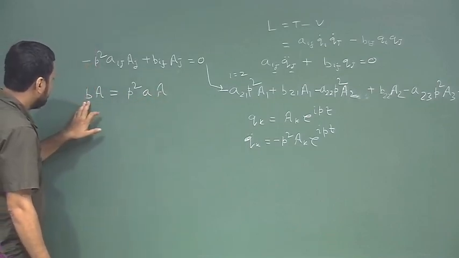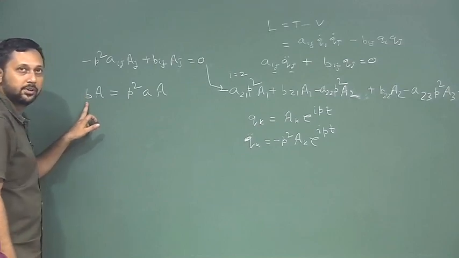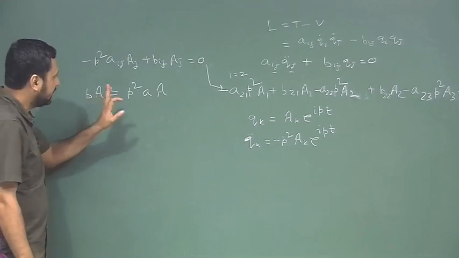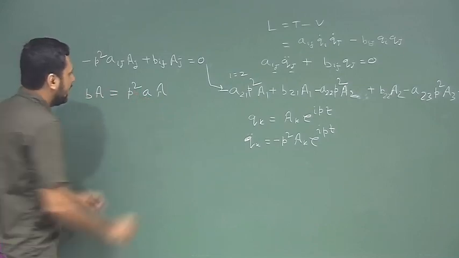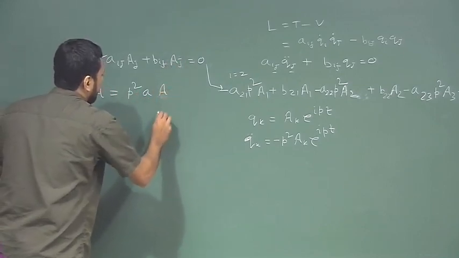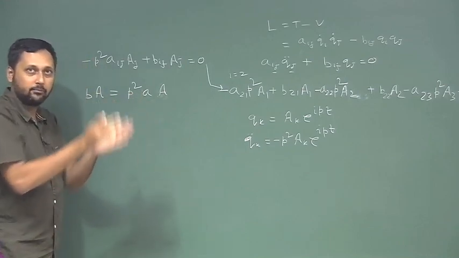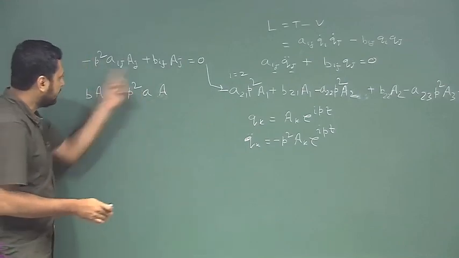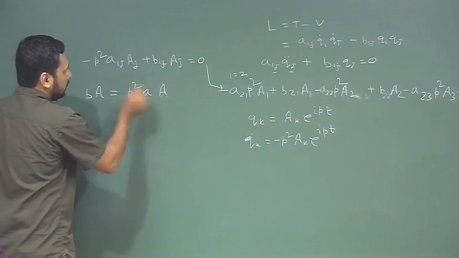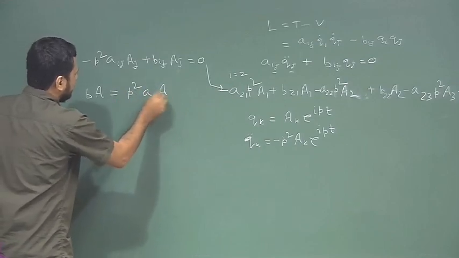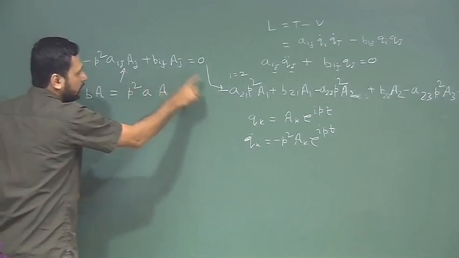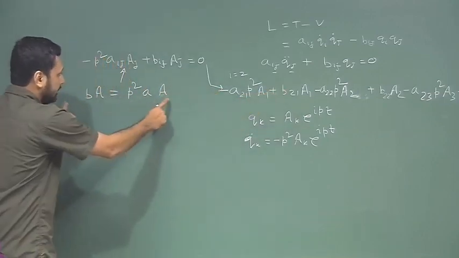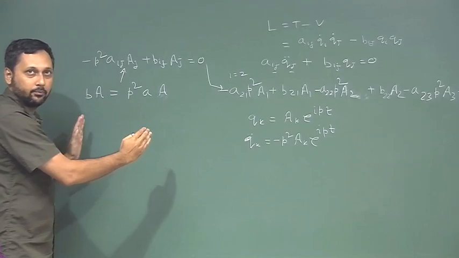B is the matrix we found from the potential energy, the small a matrix is the one we found from the kinetic energy, and the capital A is the column vector of amplitudes. This is just another representation of the same equation. The earlier one is in component form, and this is in proper matrix form.